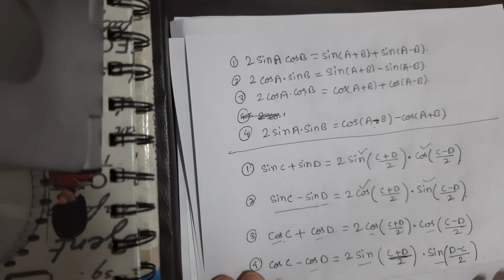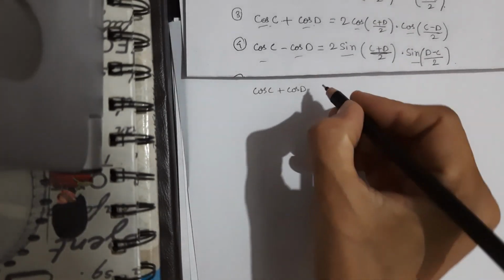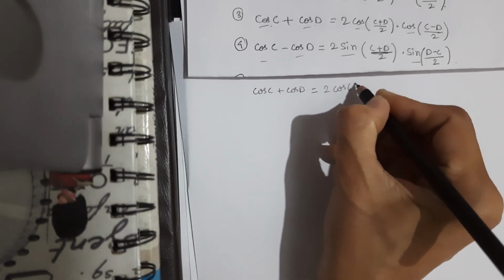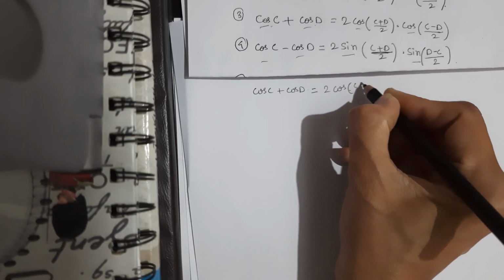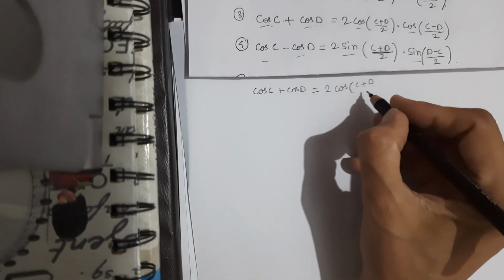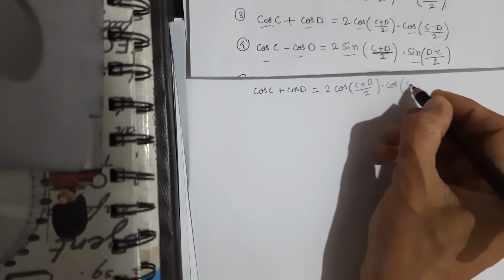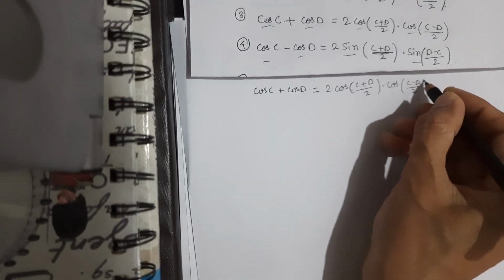Cos C plus cos D is equal to 2 cos (C plus D) divided by 2 into cos (C minus D) divided by 2.